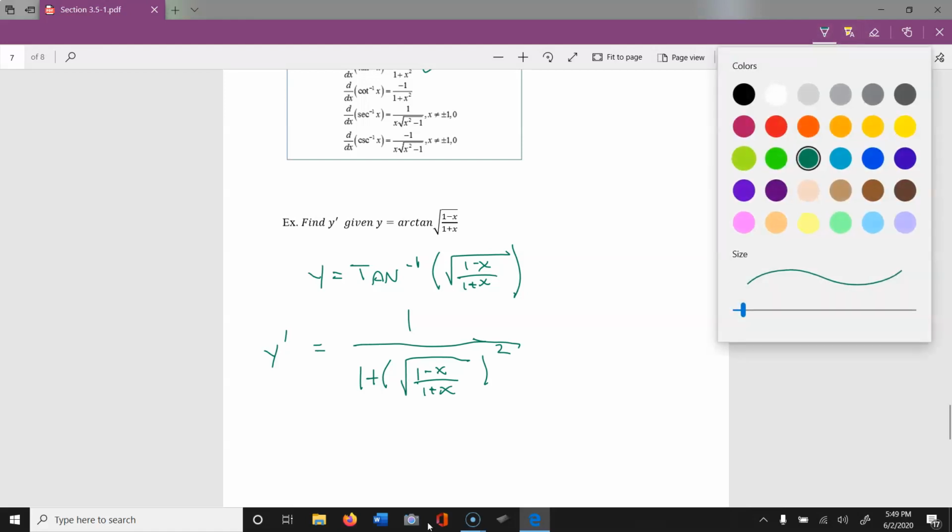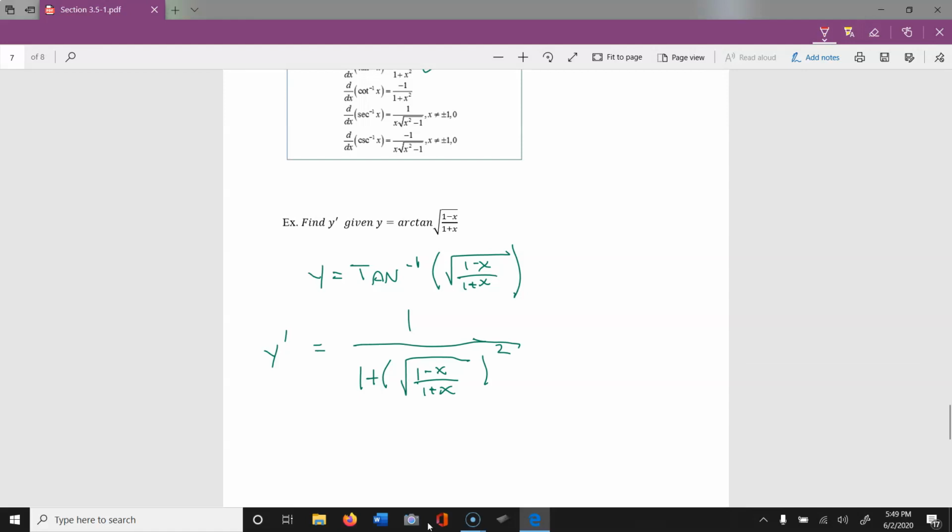Now I have to go inside and differentiate this. That's going to give me 1/2 times (1 minus x over 1 plus x) to the negative 1/2 power.